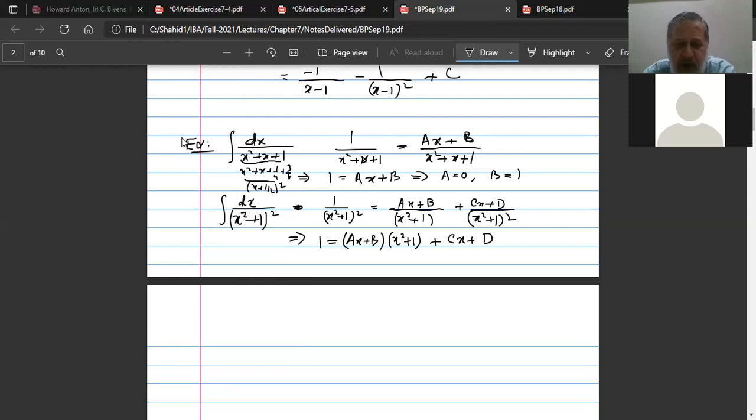For example, choosing x is equal to 0, this will vanish, this becomes 1, and this is b. So I will get an equation. x is equal to 0 implies 1 is equal to 0, b times 1 plus b. Instead of a value, I have obtained an equation.